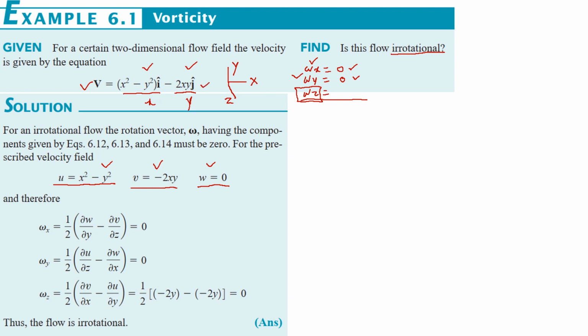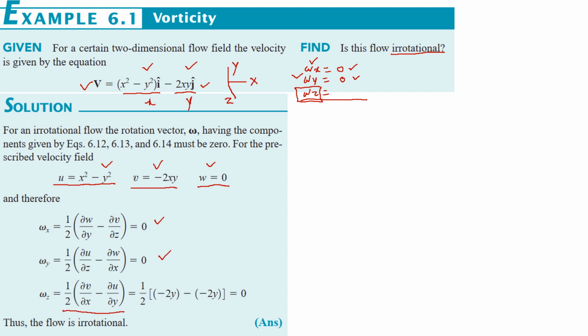So the rotation terms along the x-axis and the y-axis, as we discussed, will be 0 because the flow is two-dimensional in the xy plane. So we will look at the rotation around the z-axis.